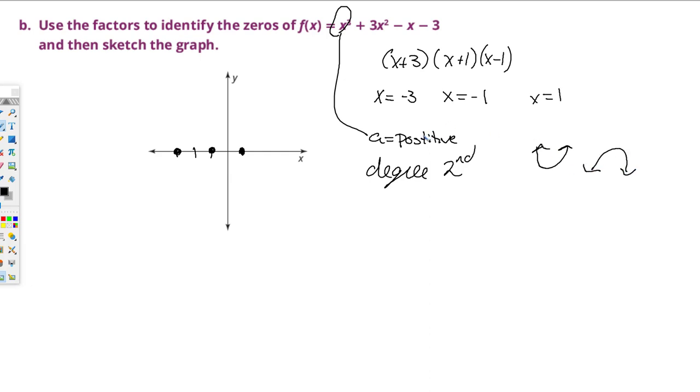Which one is it if A is positive? Up. So that means, oh, excuse me, not a parabola. I forgot what we're dealing with. I was thinking of another problem. It's not a second degree. This is a third degree.